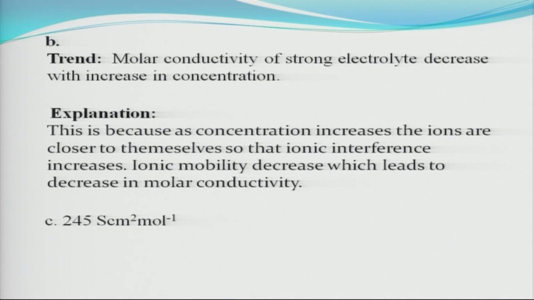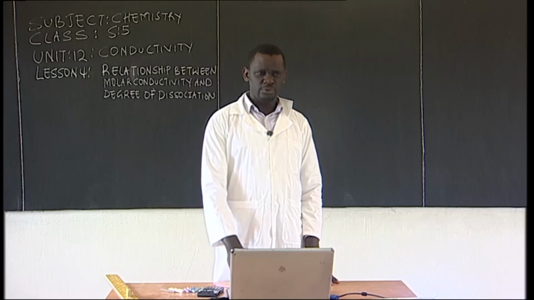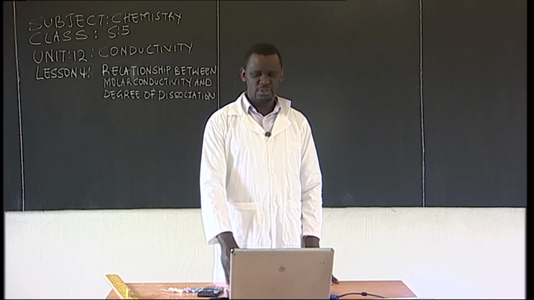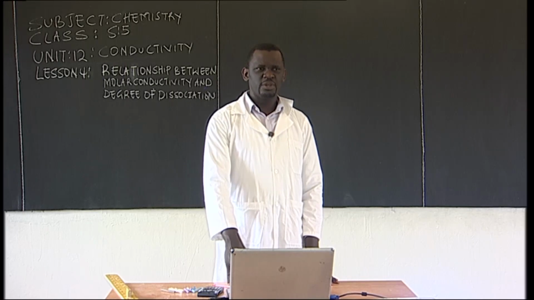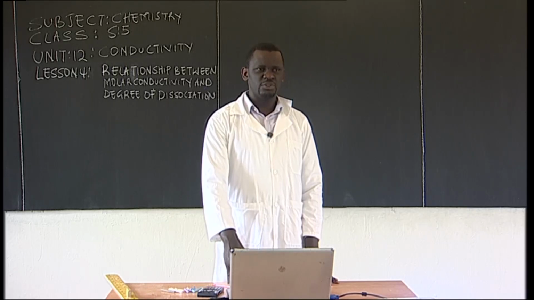Sodium hydroxide is a strong electrolyte, so we say that as the concentration increases, the ions become closer to themselves, then we have a lot of interference. When that interference is a lot, mobility becomes very complicated and difficult. Then we have a decrease in molar conductivity. Hope you tried it out. If it was weak, it would be somewhat different, with a simple difference in the explanations.